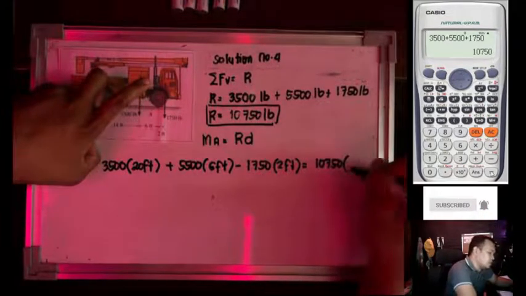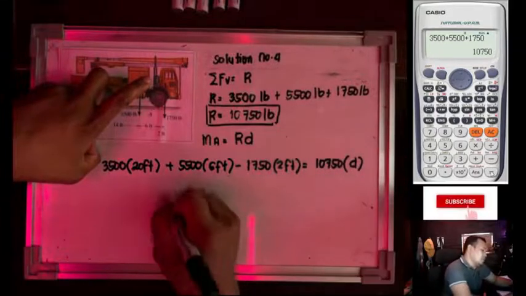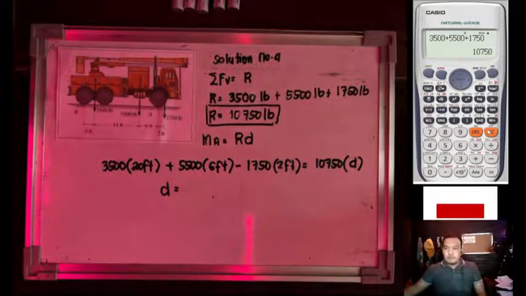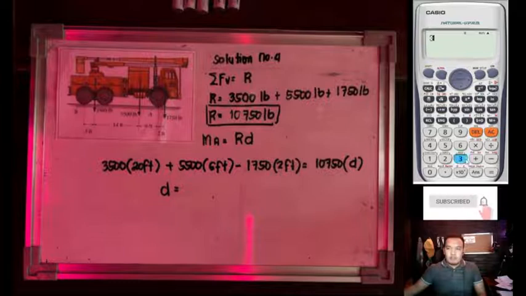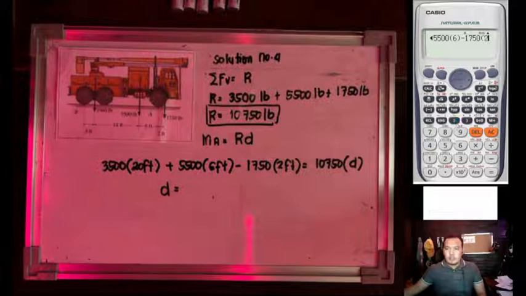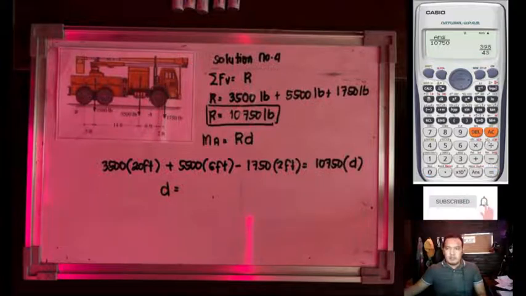10,750 times D. So, therefore, distance is equivalent kay 3,500 times 20 plus 5,500 times 6 feet minus 1,750 times 2, equals answer divided by 10,750 equals.